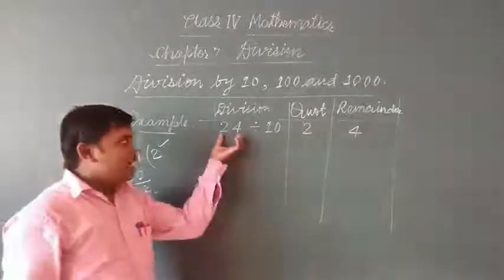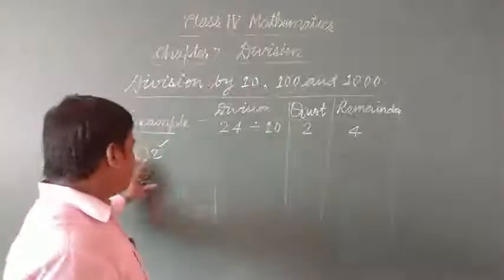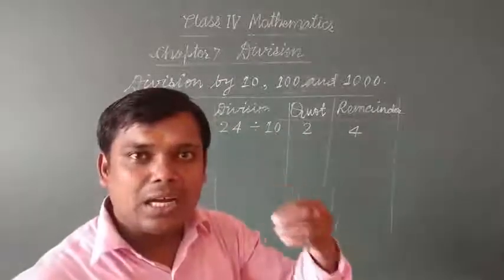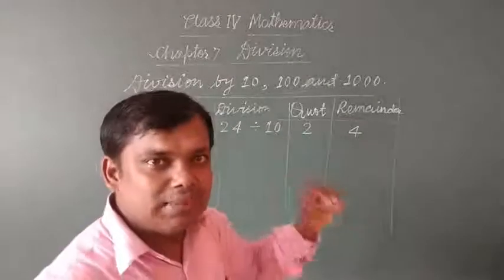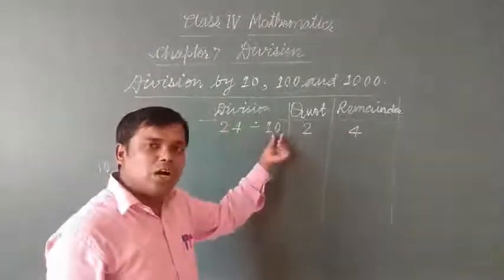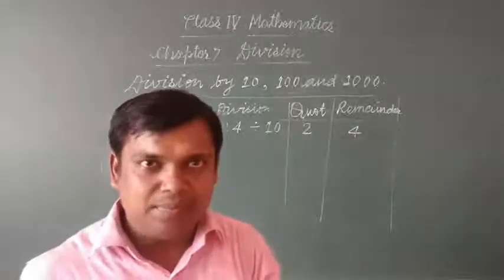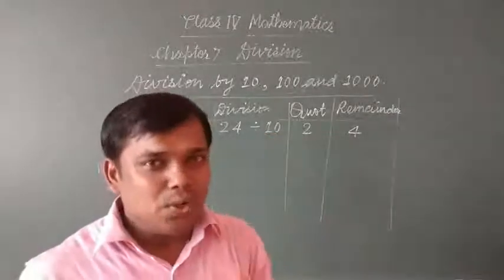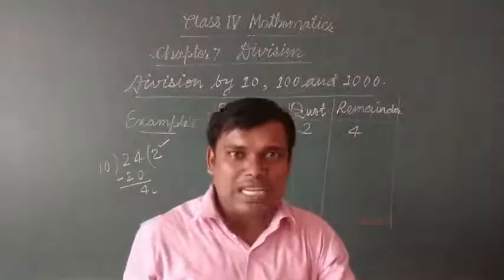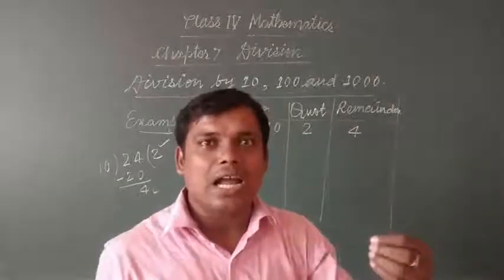Now, if we are not going to divide, then actual division, this is called actual division. Without actual division, we can directly write the quotient and remainder. Look at here. If our divisor is 10 and any number is given, we can leave the rightmost digit, the digit at one's place, as remainder, and the remaining digits are the quotient.